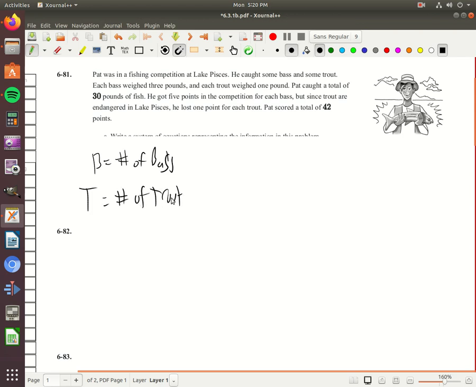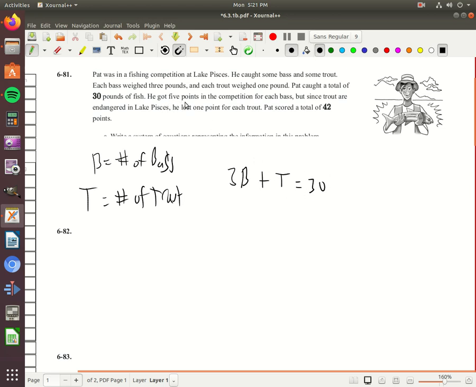And then I will write my two equations. So the first one, Pat caught a total, each bass weighs 3 pounds. So 3 pounds for each bass, plus each trout is 1 pound, so 1T or T. And he caught a total of 30 pounds of fish. So this is the weight equation.